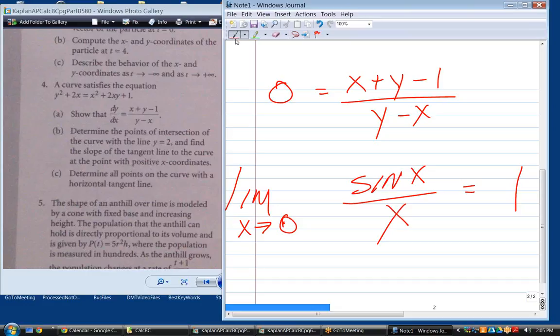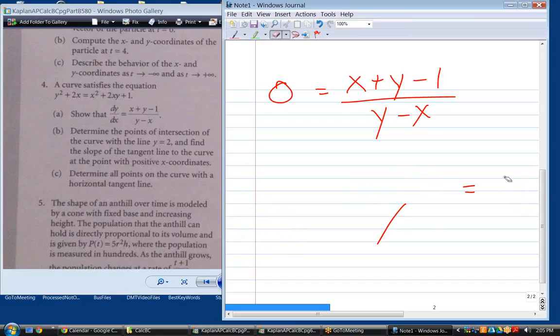Maybe it's the fact that we have to use limits in order to get this thing to go to 1. I'm not sure. But that puzzles me as to how come we can absolutely say that x plus y minus 1 has to equal 0. I guess it would, now that I think about it in reverse.